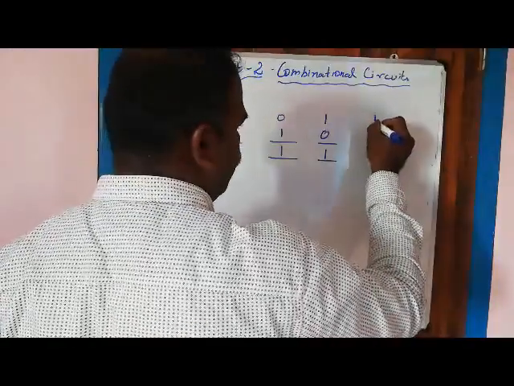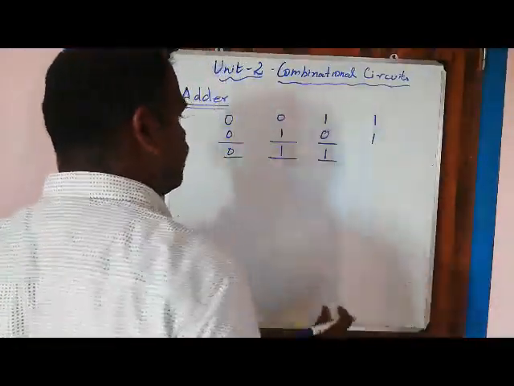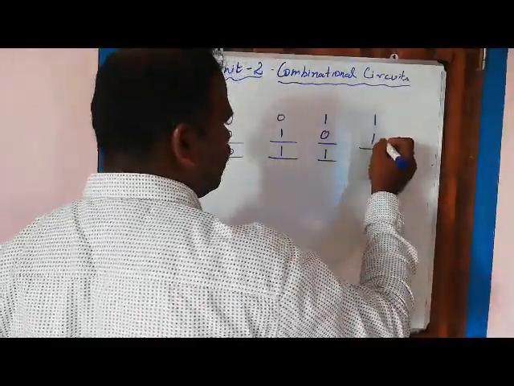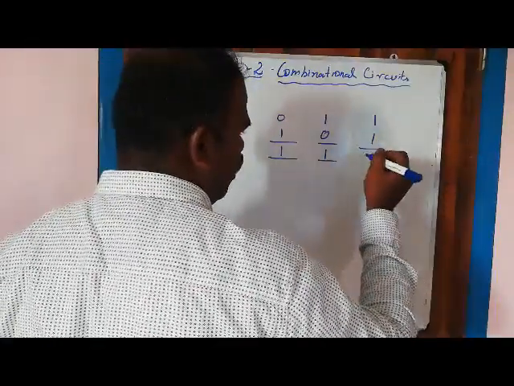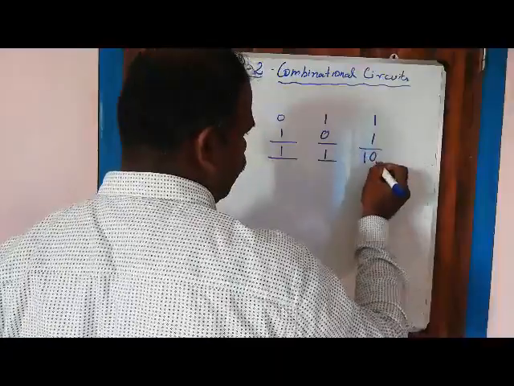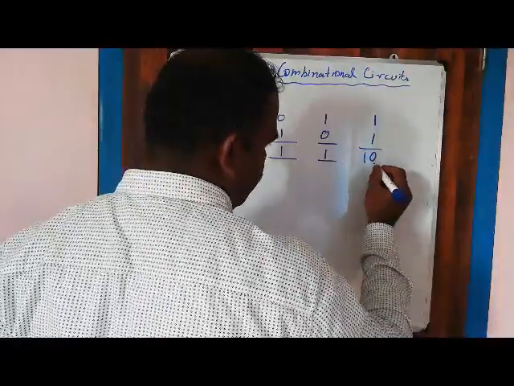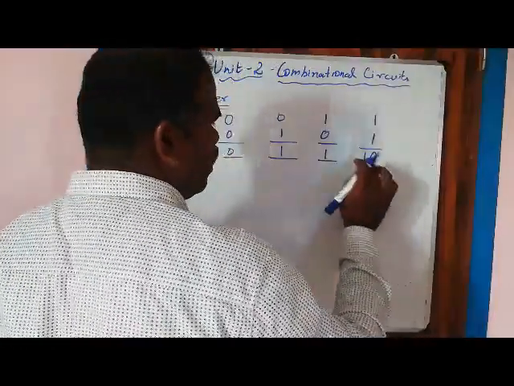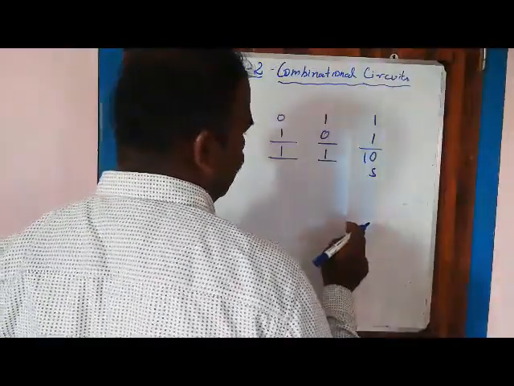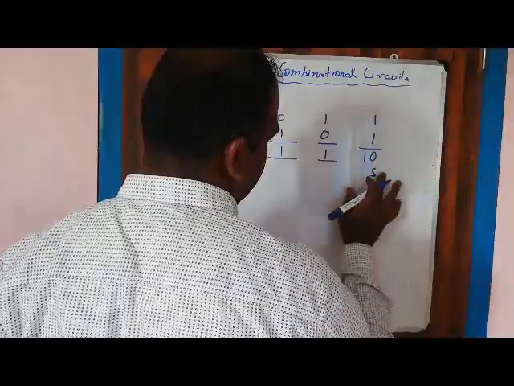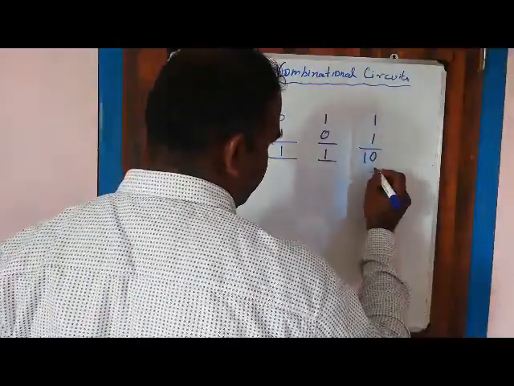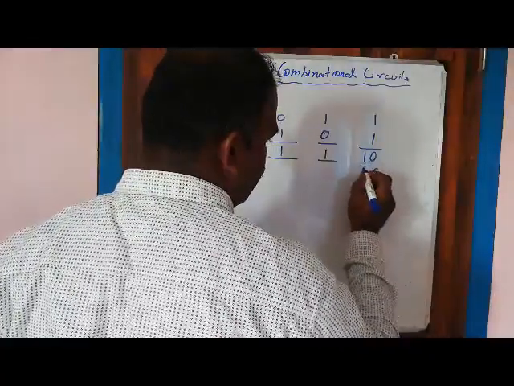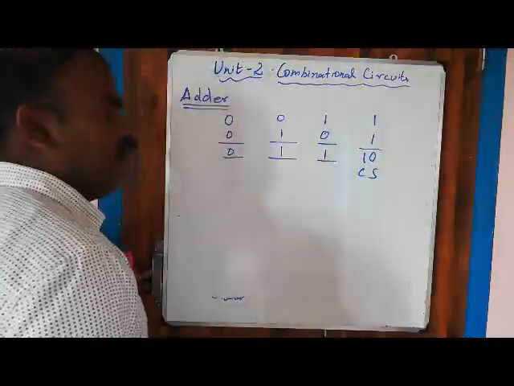Next, binary addition. For binary addition, if you add 1 and 1, we get 1 0. The least significant bit is the sum bit, and the most significant bit is the carry.